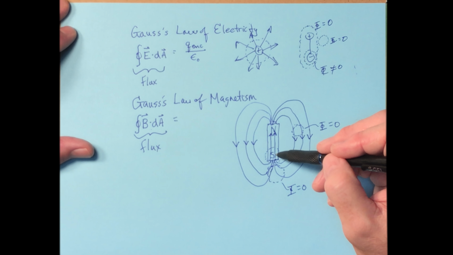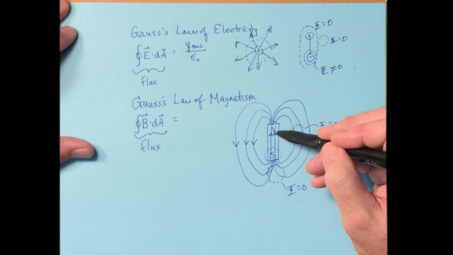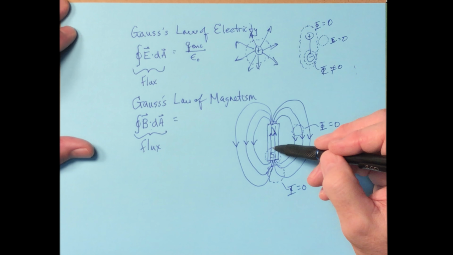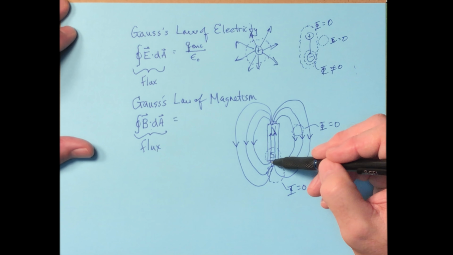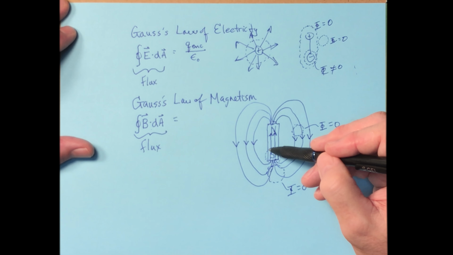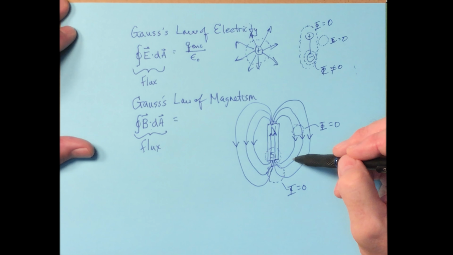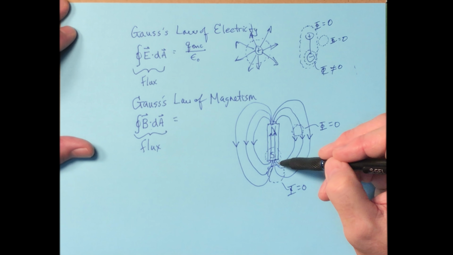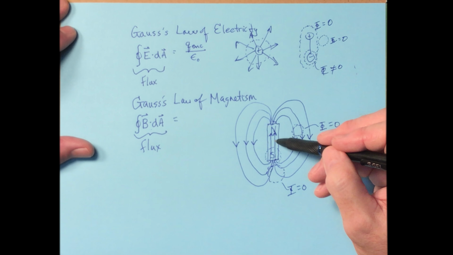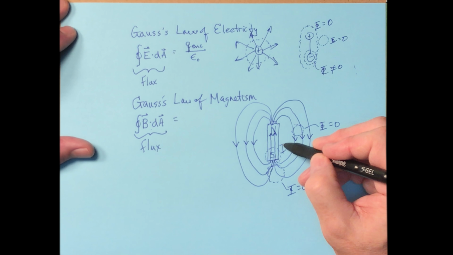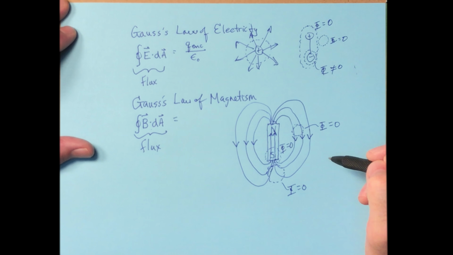Because the magnetic field lines inside the magnet go from south to north, if I try to enclose just that south right there, I am not creating a flux that is non-zero. I'm creating a flux that's 0, again, because the magnetic field lines going in equal the amount coming out. So again, flux equals 0.